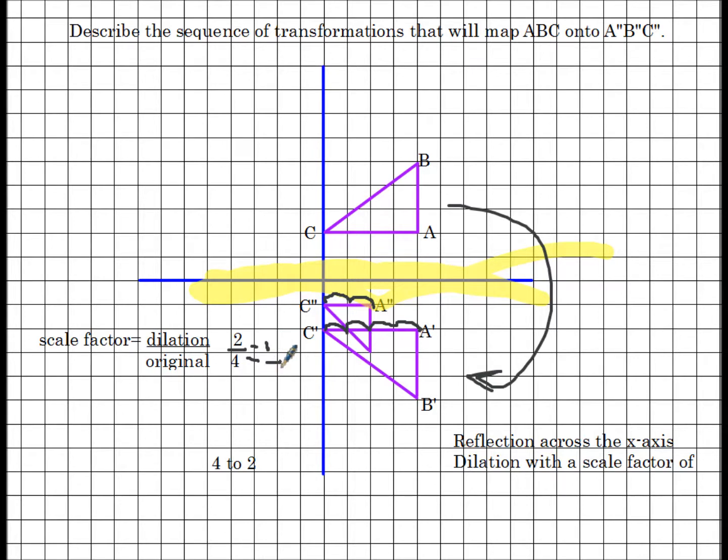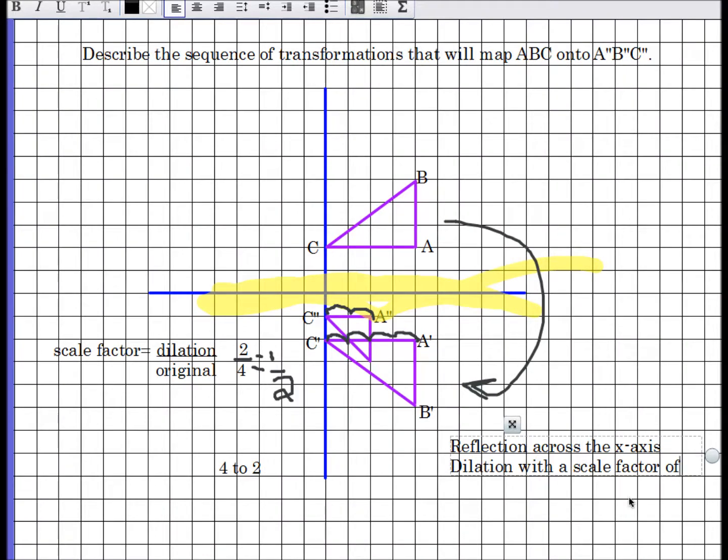Because we simplify, we reduce 2/4 to be 1/2. And so then the sequence of transformations is a reflection across the x-axis and a dilation with a scale factor of 1/2.